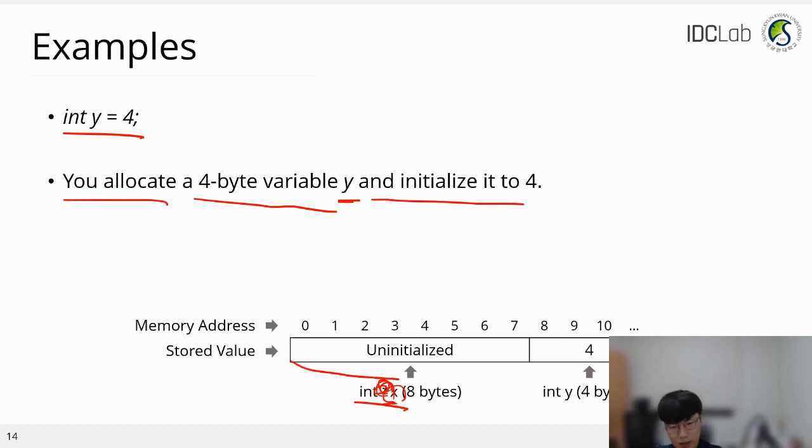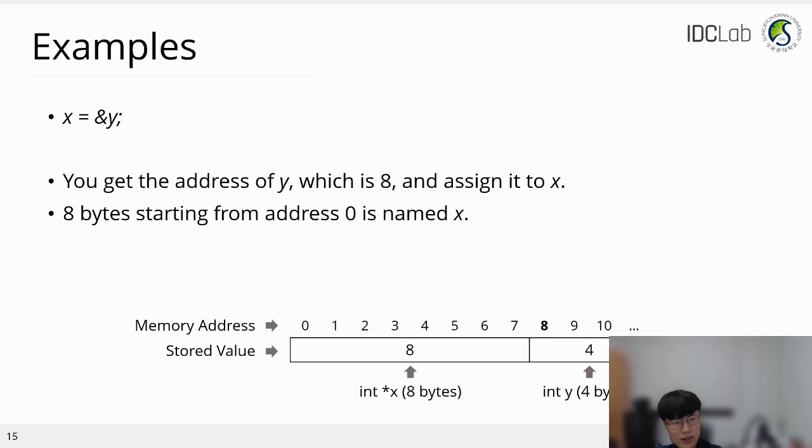Anyway, this memory space is allocated for the name x, and this 4 bytes of memory, partially hidden by my face, is allocated for the name y. We initialize y to 4, so it stores the number 4. The second statement was x assign reference y. Here, the reference operator comes into play.